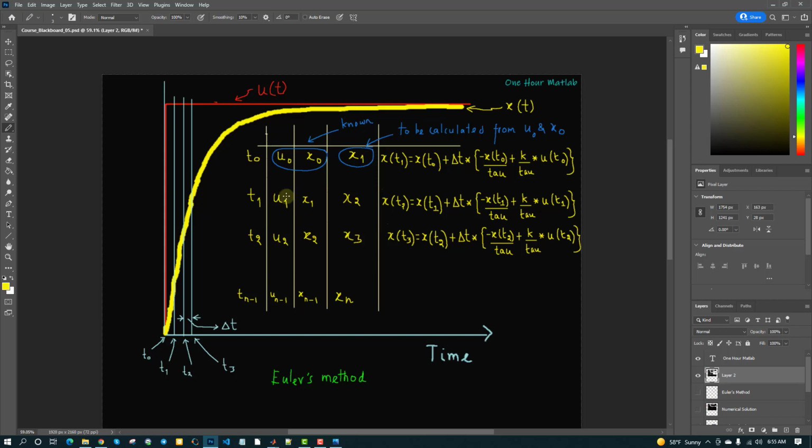So we keep going through this iterative formula, evaluating one step ahead at a time until all the elements in the time vector are exhausted, and at that point we are done with the numerical integration of this differential equation.